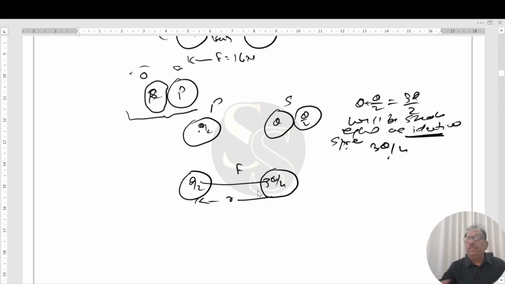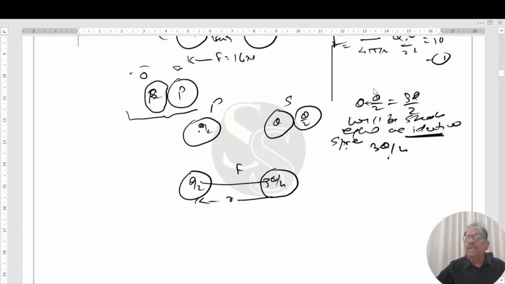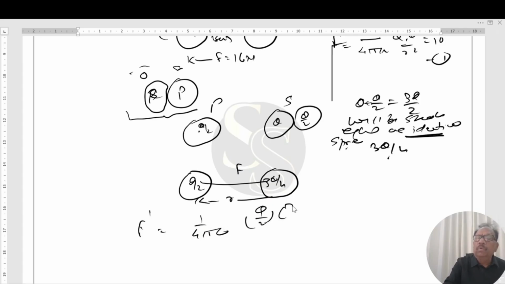We have to find the force separated by the same distance R. Now, from the given information, initially F will be equal to 1 over 4 pi epsilon naught Q into Q upon R square, that is equal to 16 Newton. This is equation 1. In the second case, F dash will be equal to 1 over 4 pi epsilon naught Q by 2 into 3Q by 4 upon R square.